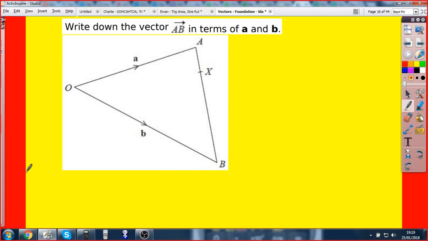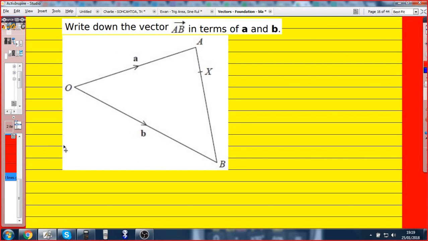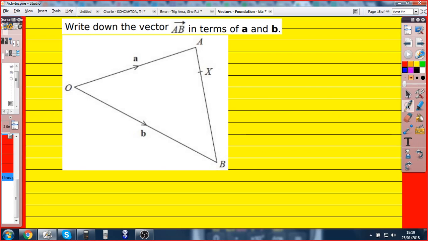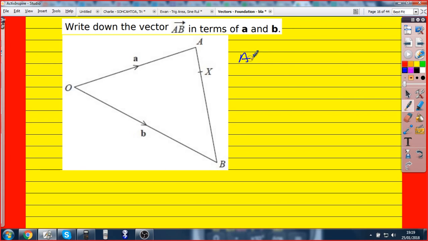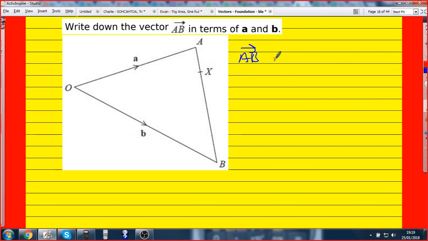Okay, what is the vector AB for this one? Okay. So you go from A, then you go from B O. You're starting at A. Oh. Okay, so you go AO. Yeah. Then you go OB. Yeah.